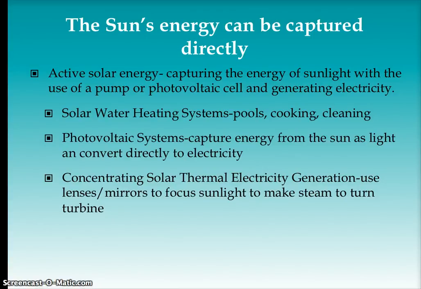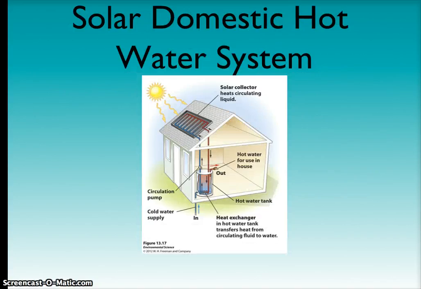So first thing here, first bullet is the solar heating system, and that is pretty much what it says there. Great examples are pools, cooking, cleaning. What happens is on this slide here, we can use a solar collector to heat a liquid, and this liquid won't freeze, but what that liquid does is it absorbs the solar energy from the sun.